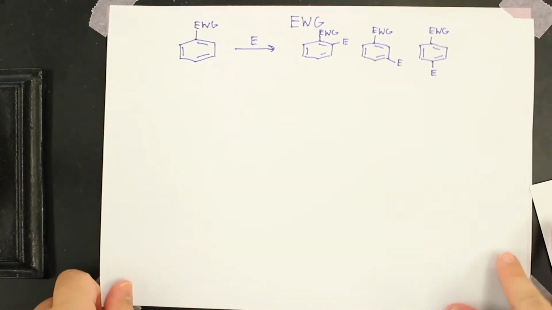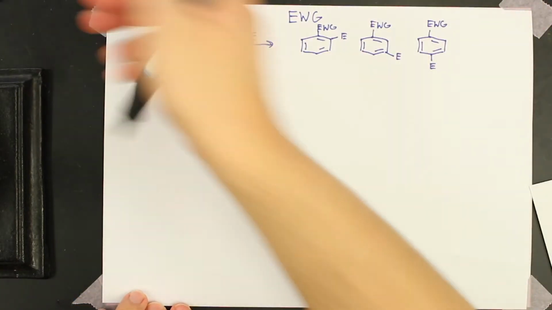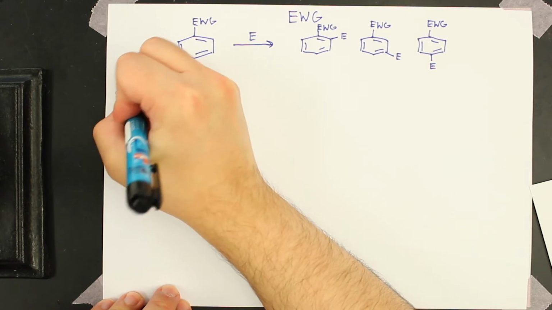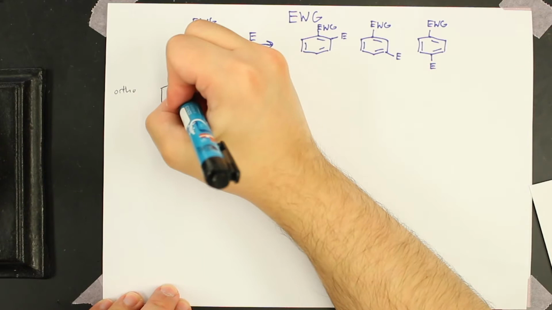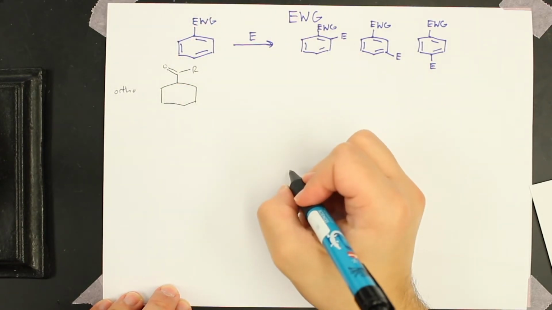Let's look at the electron withdrawing group now. I have the same setup here, electron withdrawing group, and we're going to do the same exercise. This time, let's do ortho first, and for our electron withdrawing group, I'm going to choose a carbonyl compound.